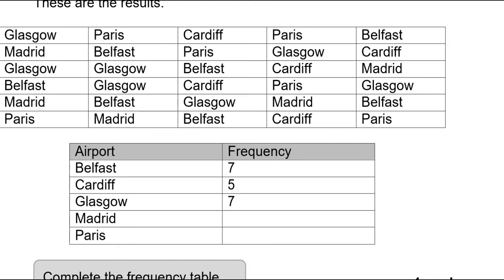So Madrid, we're looking at all of these: 1, 2, 3, 4, 5. Paris, we've got 1, 2, 3, 4, 5, 6.